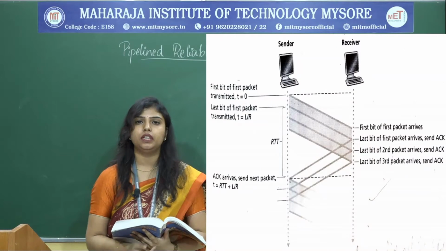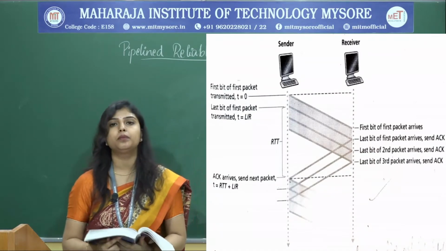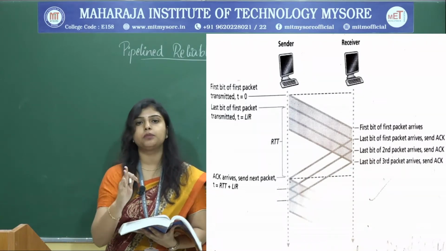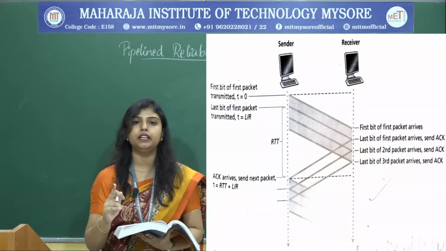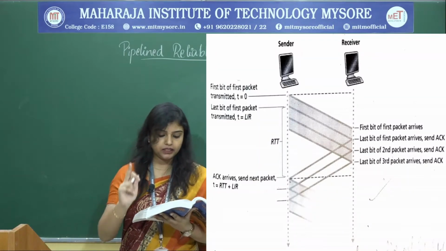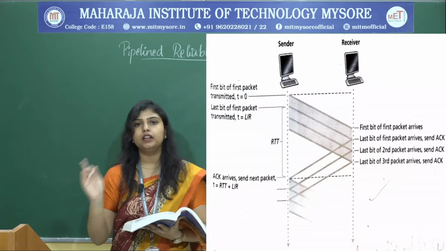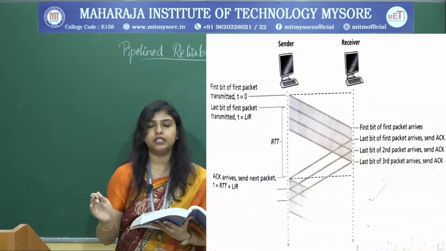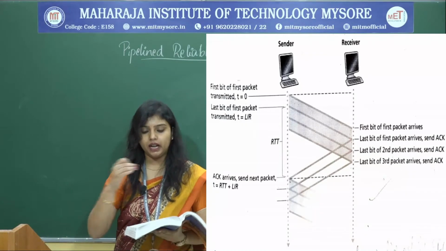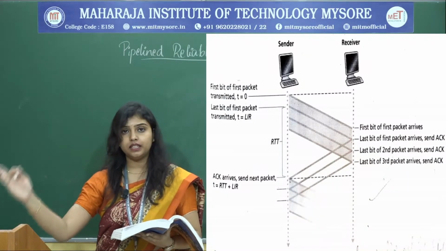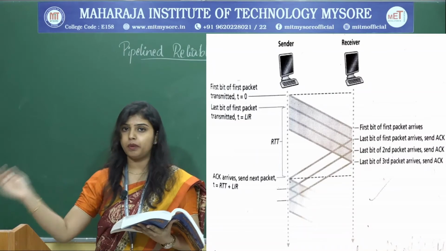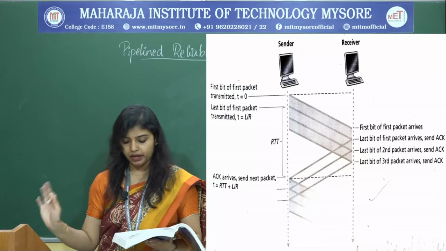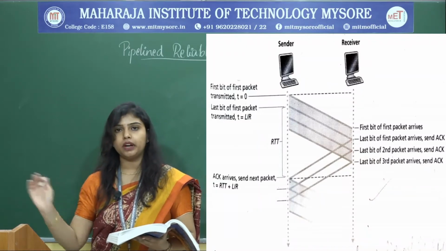In the diagram you can see the pipelined operation. From the sender to the receiver, the first bit of the first packet is sent at t equals 0, and then at t equals L/R, the last bit of the first packet is sent. Immediately, without wasting time, the second packet is also sent and the third packet is also sent. At the receiver side, the first bit of the first packet is received, the last bit of the first packet is received, and the last bit of the second and third packets are also received.